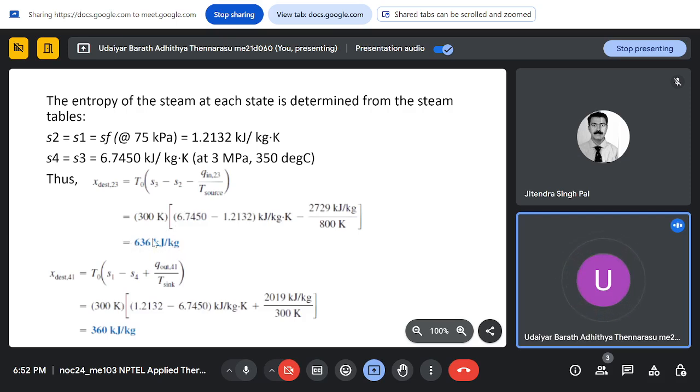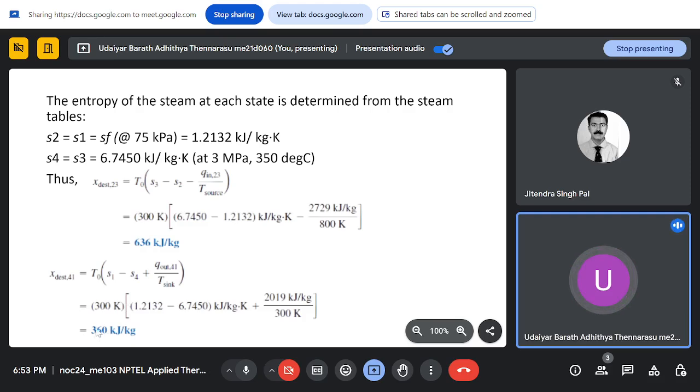So that basically says that we are losing 630. If we are using the same heat to generate work, we are losing this much amount of work. So similarly, in case of the condenser, T naught is at 300 Kelvin. So S1 minus S4, similarly Q out by your sink temperature, which is again your ambient temperature.